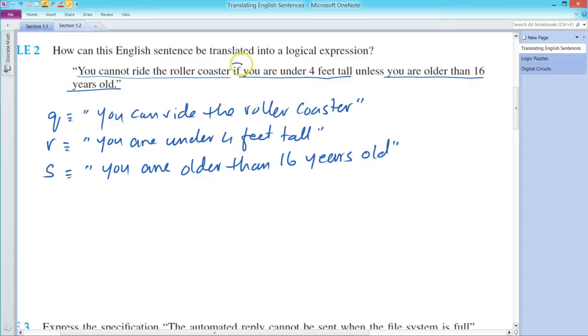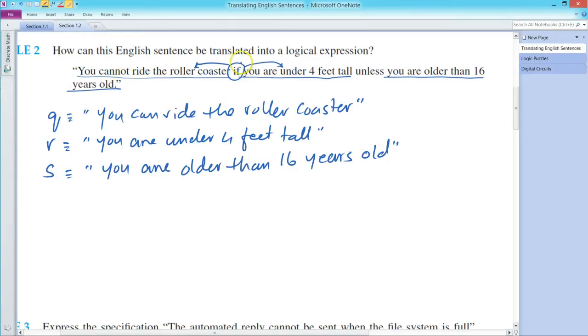Look at this if word over here. It's obviously clear that in order to achieve the left part of the if, you need to satisfy the right part. So basically, the left part is the result or the consequence of whatever the right part is.